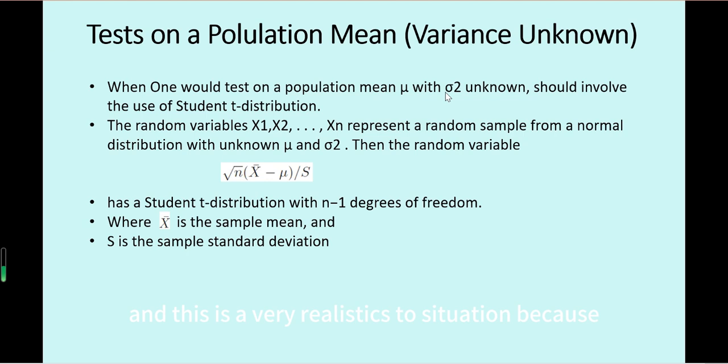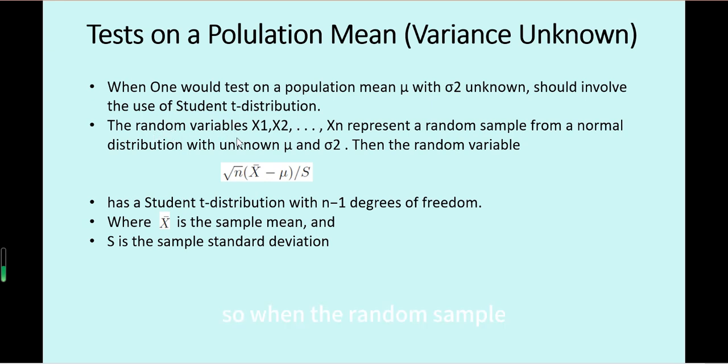This is a very realistic situation, because when you do not know the population mean, most probably you do not know the variance either. So in this situation, we have to use the t-distribution, or Student t-distribution.